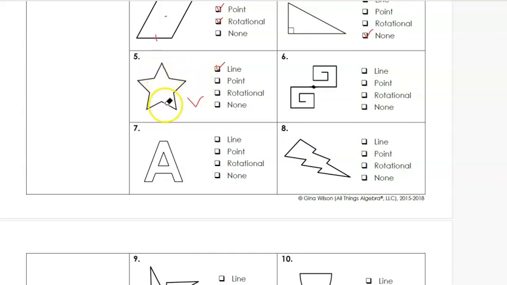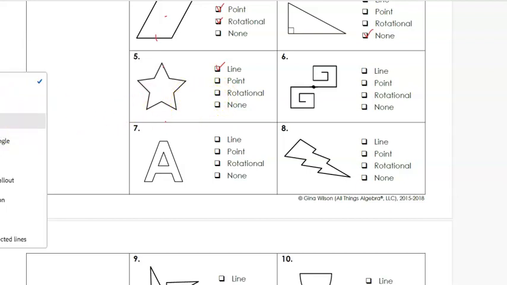And so you can always get an idea, look at the top and the bottom, and if they're different, then when you do a 180-degree rotation, you're going to have this on the top, and it's not going to match on the bottom. So we do not have point symmetry.